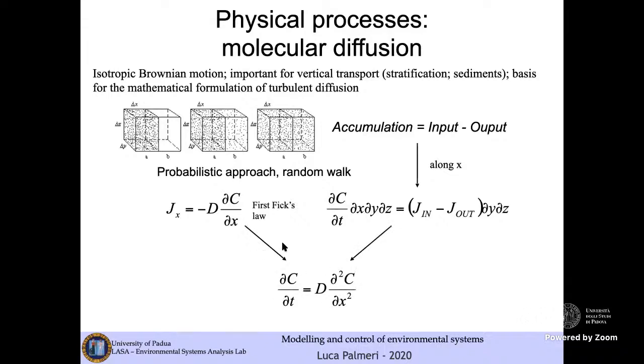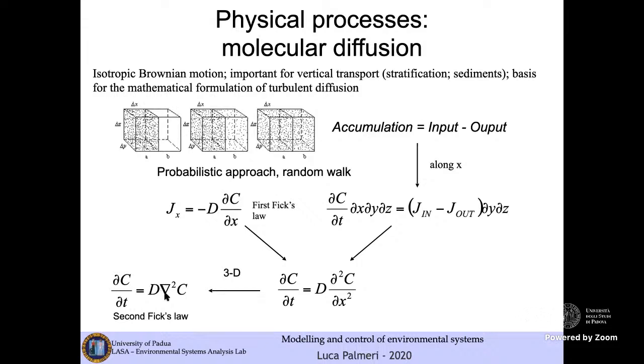If we put all these together in one dimension, we obtain again a partial differential equation, in which we have a first order derivative in time and second order derivative in space, and you obtain the so-called second Fick's law, in which the variation in time of a concentration C is equal to the diffusion coefficient, and this is diffusion in one dimension, the collective diffusion coefficient, multiplied by the nabla.